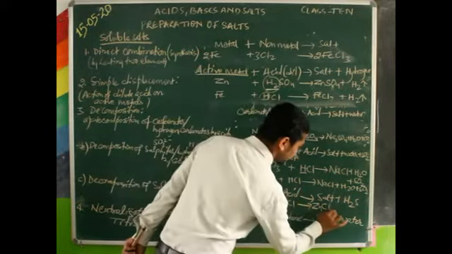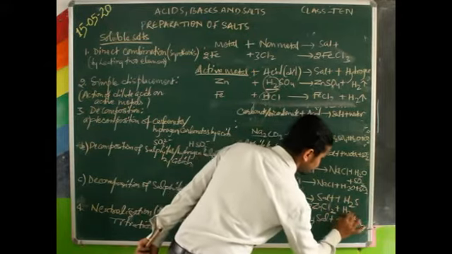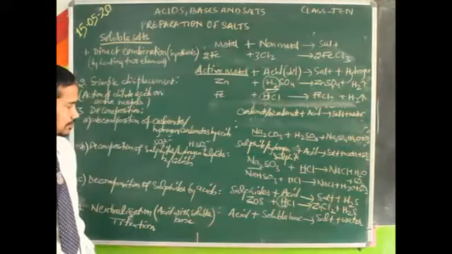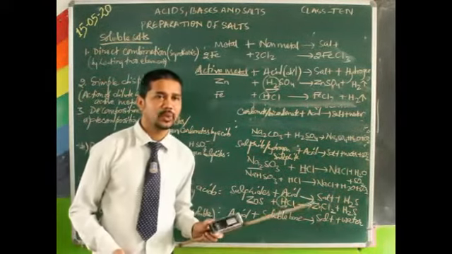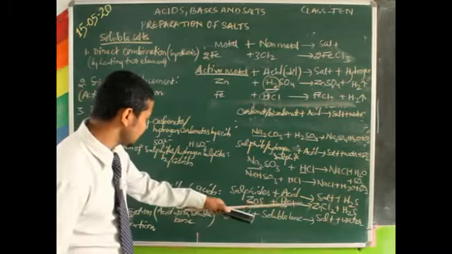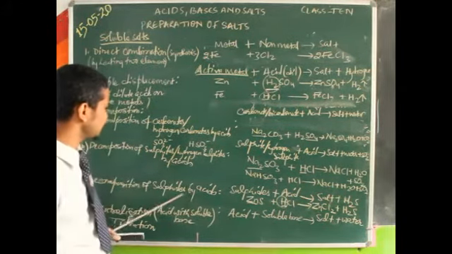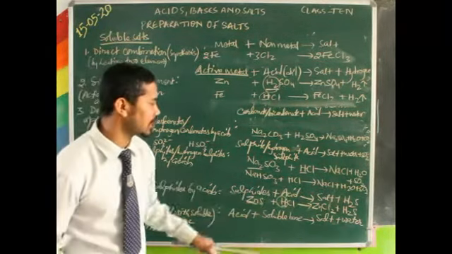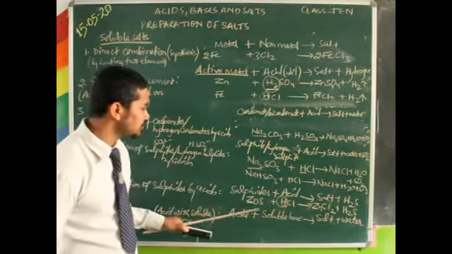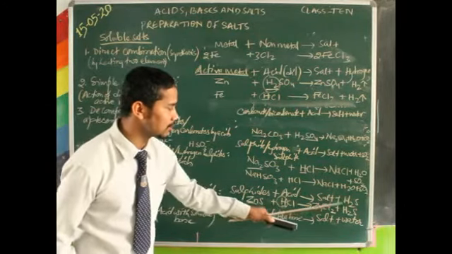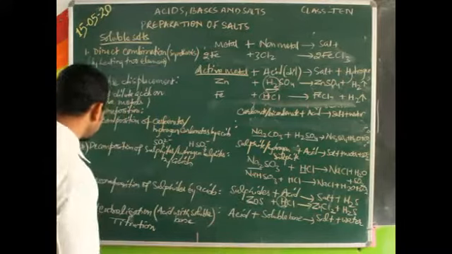So ZnCl2 plus H2S. This way we can prepare salt, decomposition of sulfides by acid. So sulfides plus acid gives salt plus hydrogen sulfide. So zinc sulfide plus hydrochloric acid gives zinc chloride plus hydrogen sulfide.